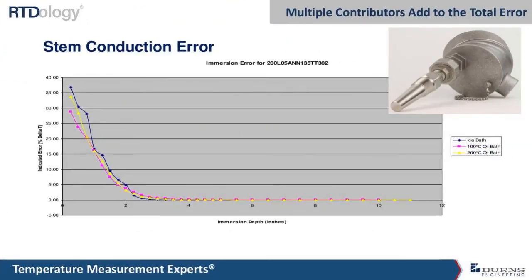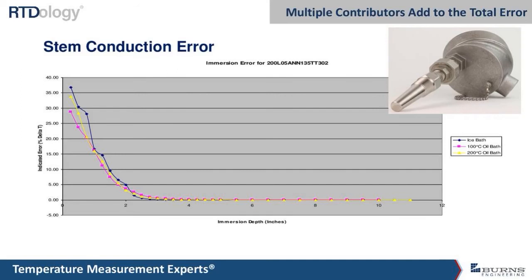If we look at a table here, this was constructed using a tapered thermal well. This particular one was, I think, 13.5 inches long or 12 inches long, something like that, with a 10.5 inch, or no, it looks like it was an 11 inch immersion length.